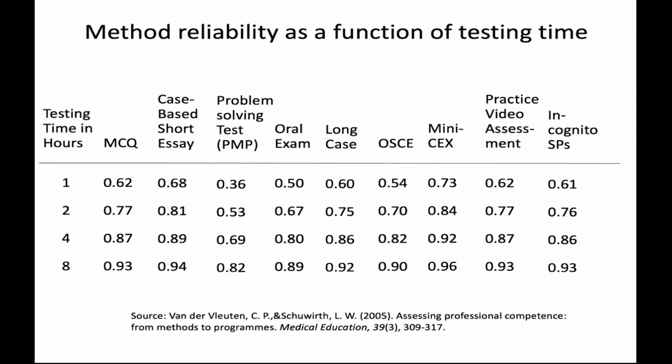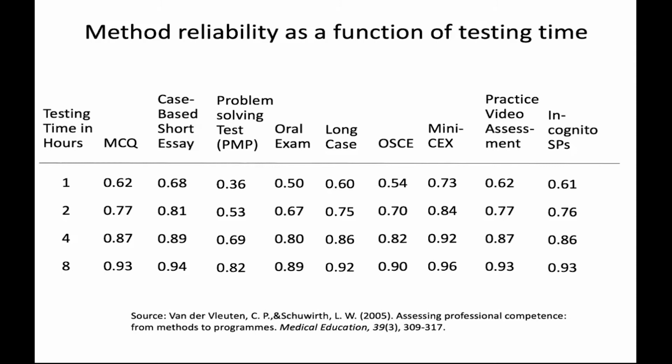There's also good news in this slide, because you cannot say that very objective forms of assessment, like for example, the multiple choice test, is significantly more reliable than a more subjective test, like the oral exam or like the video assessment.